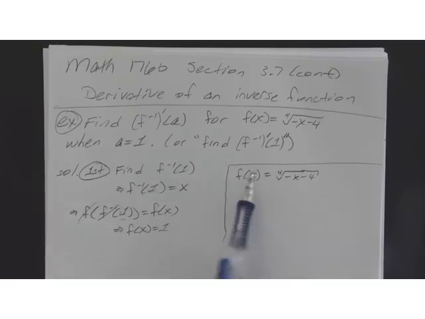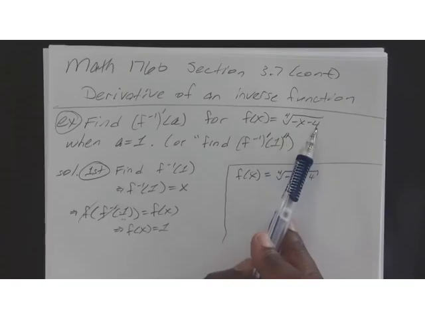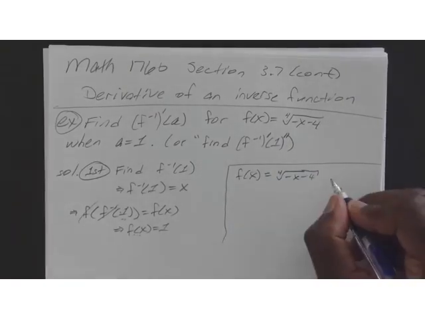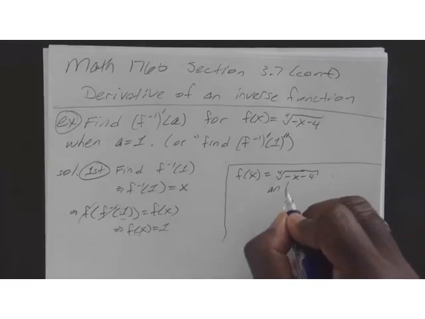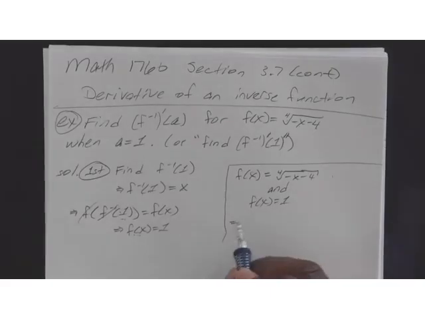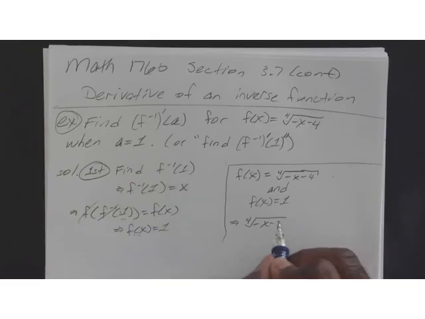So we have f of x is equal to the fourth root of negative x minus 4, and we know that f of x is equal to 1. And we can just combine those two and say the fourth root of negative x minus 4 is equal to 1.